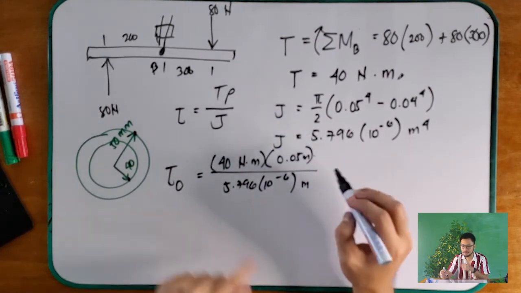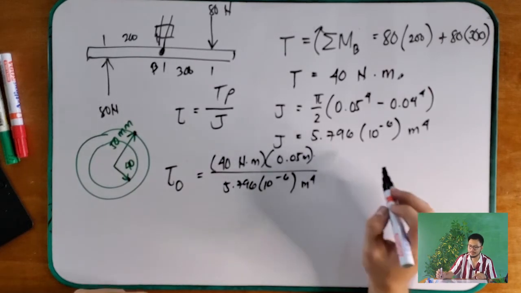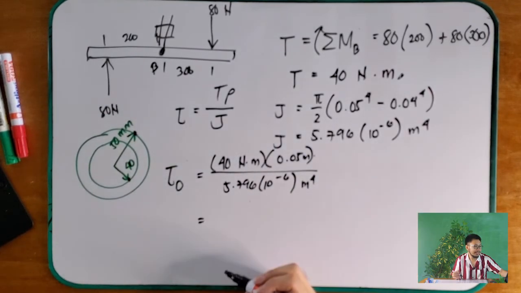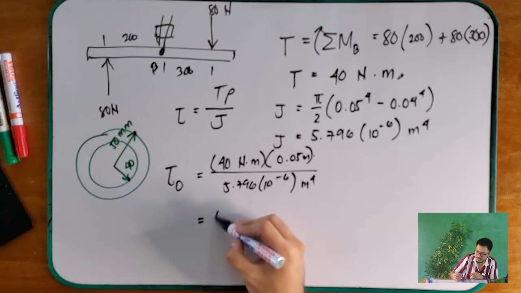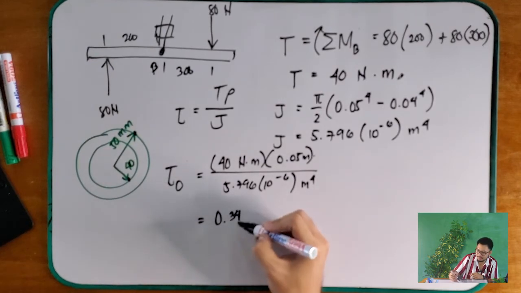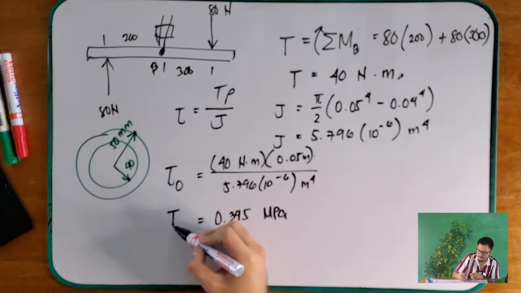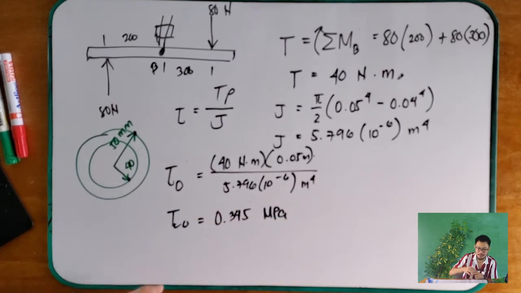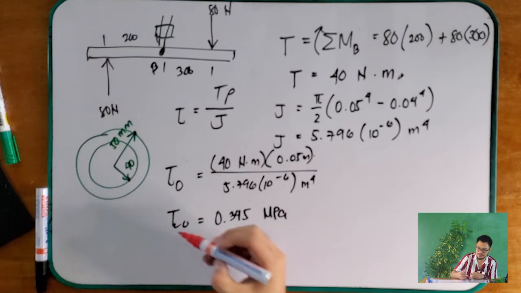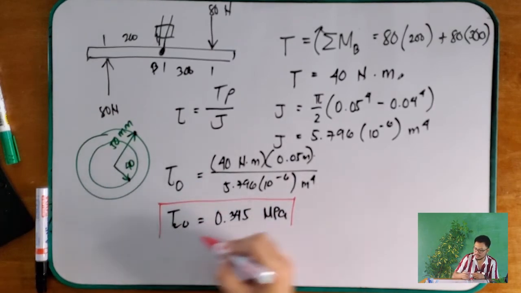So Newton per meter squared. And the answer is 0.345 megapascals. And that is your shear stress on the outer part of the tube shaft.